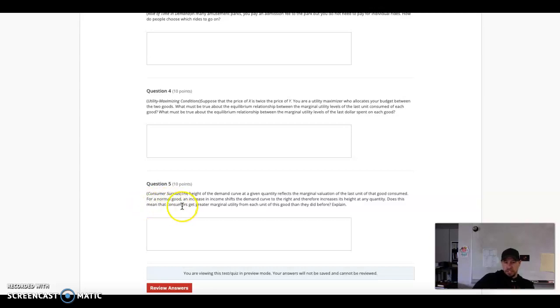So for a normal good, we're talking about when an increase in income shifts the demand curve to the right, and therefore increases its height at any quantity. Does this mean that the consumers get greater marginal utility from each unit of this good than they did before? Well, graph that out, see what you see.